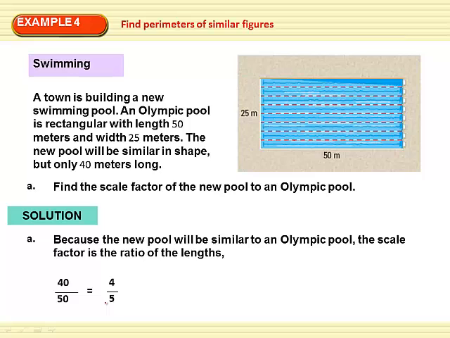So this is the new, and this would be the Olympic, to find the scale factor. Once you reduce that, you get a scale factor of 4 to 5. Again, do not confuse this with scale. With scale, you have a denominator of 1, but scale factor can be used to find other parts as well.